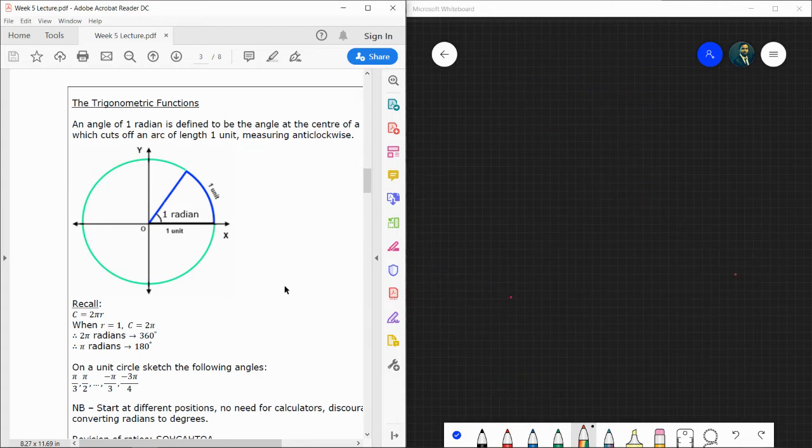But we already know we have 360 degrees around a dot or in a circle, and that 360 degrees is the same thing as 2 pi. So in other words, pi is equal to 180 degrees.